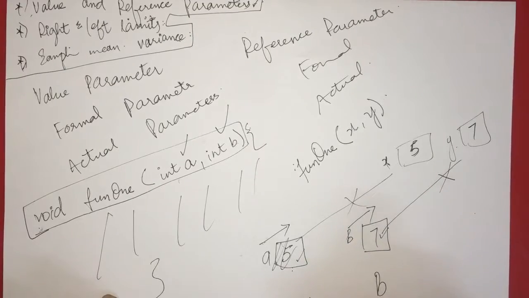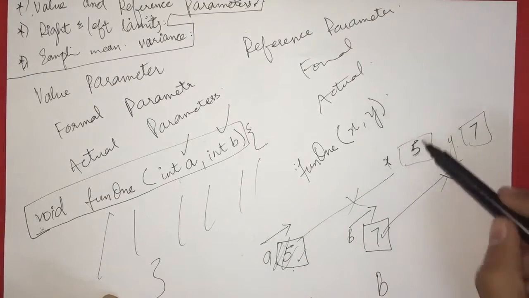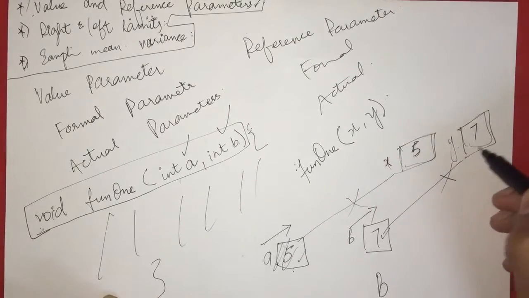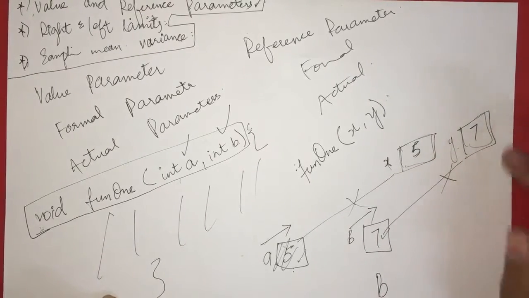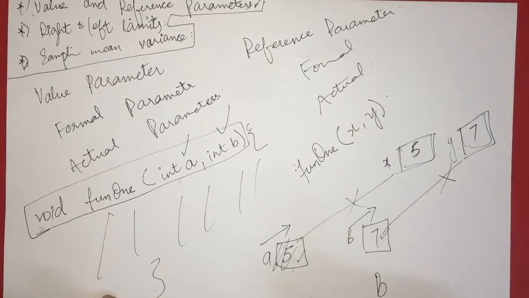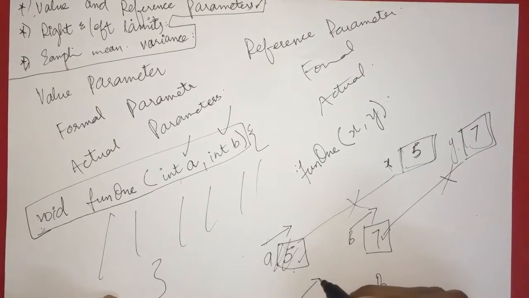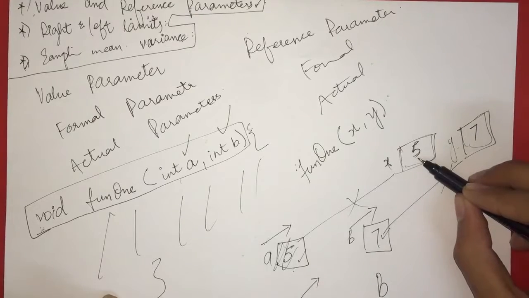They don't get a separate memory location inside the RAM. These values are not going to get copied into your formal parameters. Instead, they get an address, so they are being referred to your actual parameters.